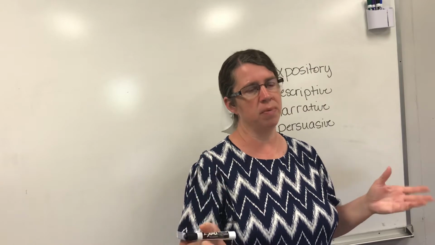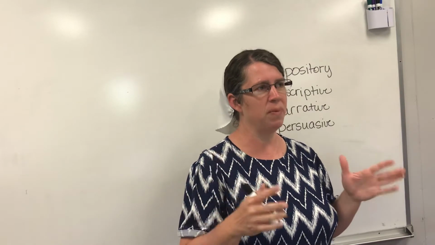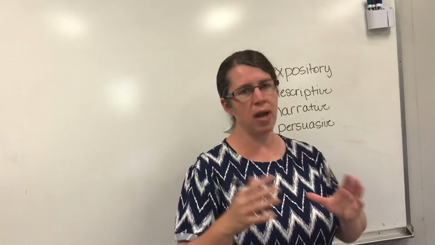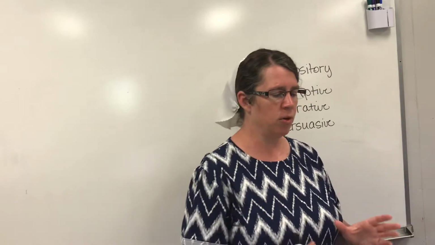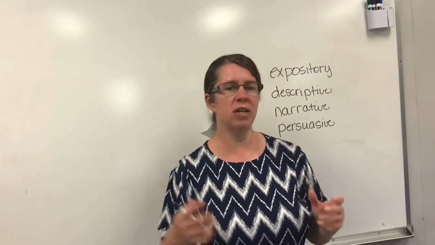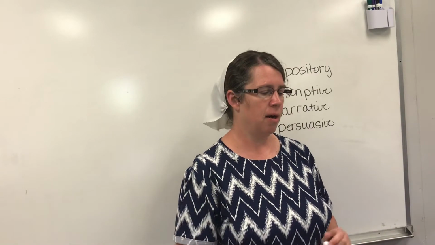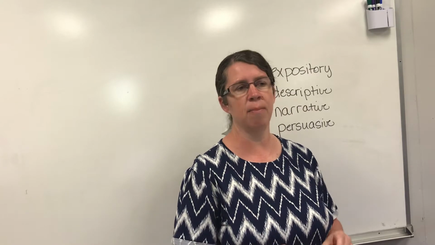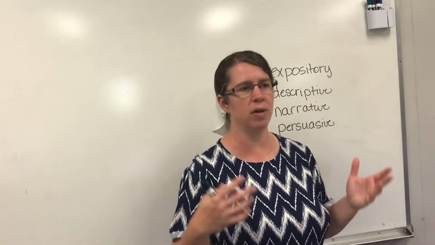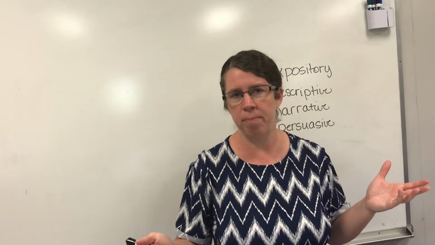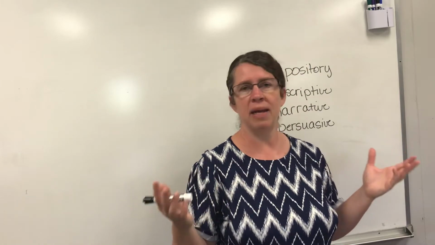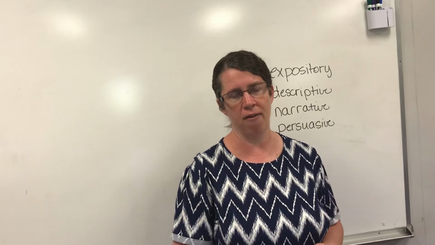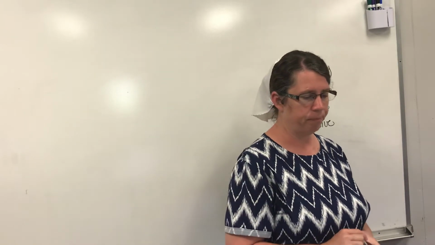It's a descriptive way of writing and saying how to fold this way, how to fold it this way. You're giving information and you're explaining something. That's the kind of paragraph that you would want to write if you are telling somebody how to do something, if you want to teach them how to build a bench or how to make soap or something like that. You would use an expository paragraph describing that.